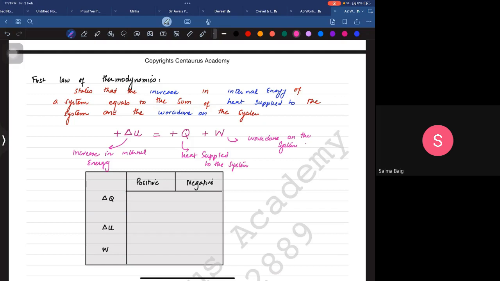So these are the symbols that you need to remember. All right. Let me know if you have a question.